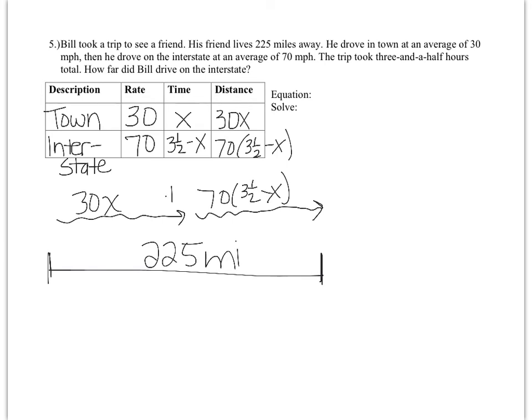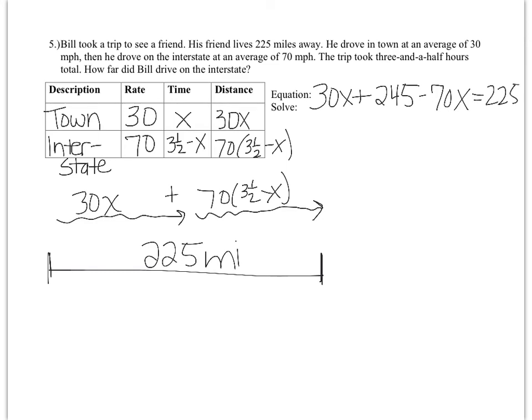So I'm going to do 30x plus, I'm going to go ahead and distribute right now, 70 times 3.5 is 245. So I'm going to distribute the 70. So I'm going to get 245 minus 70x equals 225.